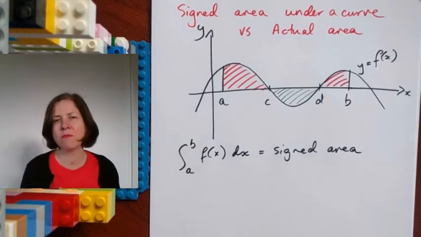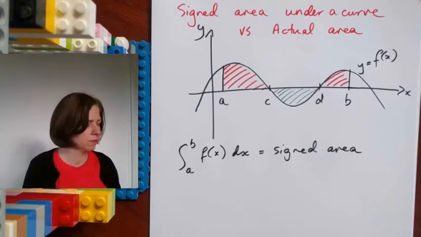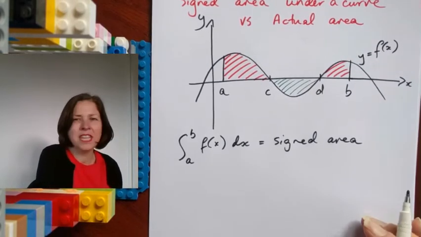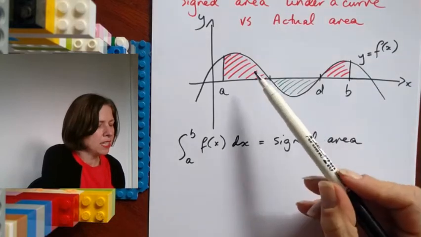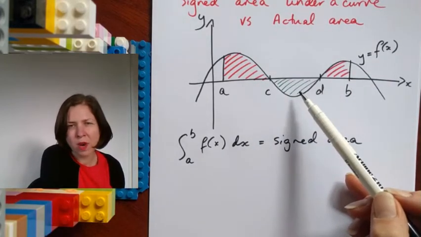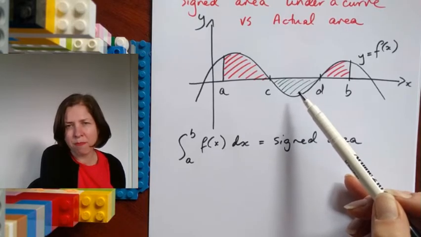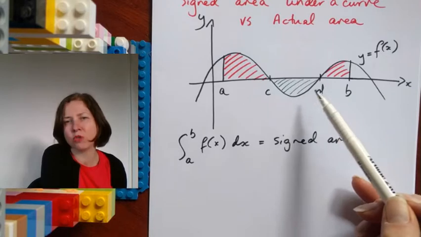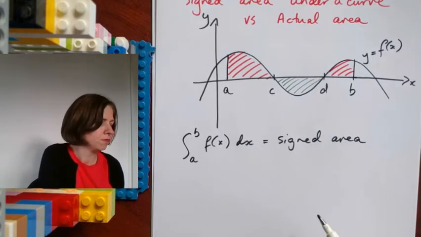This is not going to give me the actual area. On the other hand, if I want the actual area, I'm going to need to add together the red bits and subtract the green part, because the green part is below the x-axis and it'll give me a negative value. So I subtract it to make it positive.